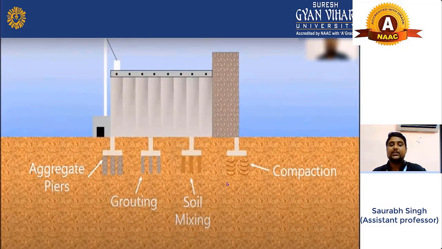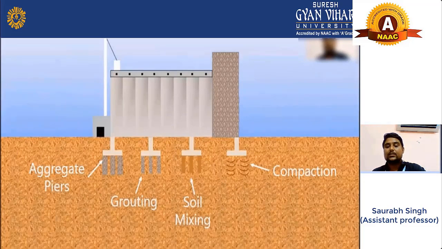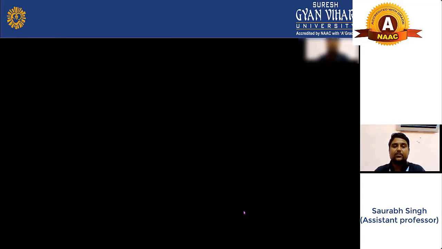Whenever you are doing work or making any kind of structure, it is very important to know what the effect will be on the soil. It means your soil can bear the load of your structure or it cannot bear the load of the structure. For this, you have to go for soil testing.